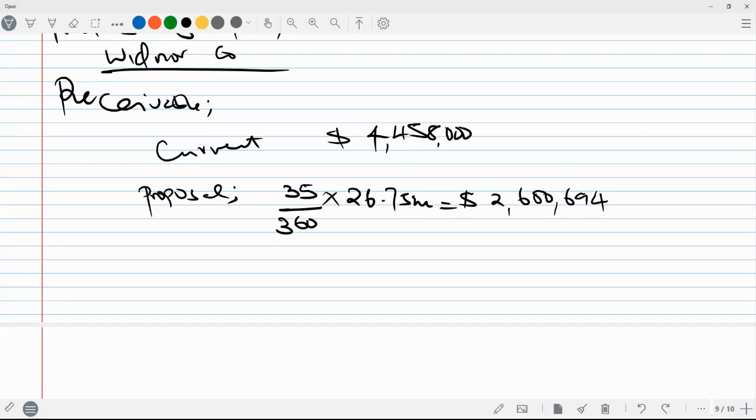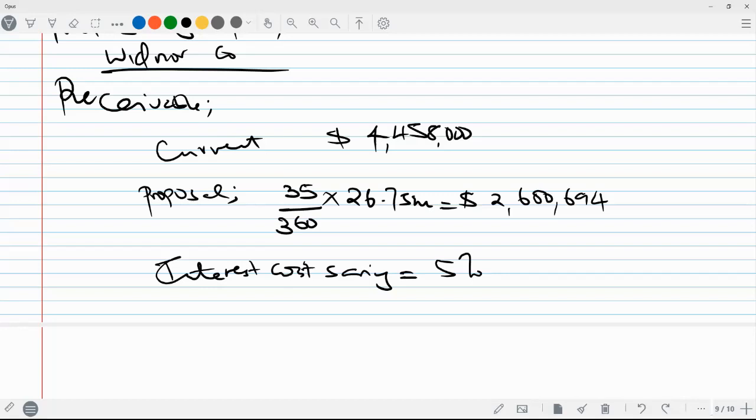As you can see, there is going to be a reduction in the investment from 4.4 to 2.6 million. Therefore, there will be an interest cost saving. How much is the company charged per year? 5%. The company has a cost of short-term finance of 5%.